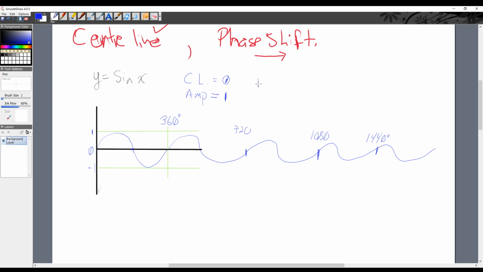The period length I'm keeping track of is how far it goes to repeat, and it is 360 degrees. And then the final one is the phase shift. The phase shift tells me how far left and right our function has been moved. So the phase shift for this one is going to be 0.